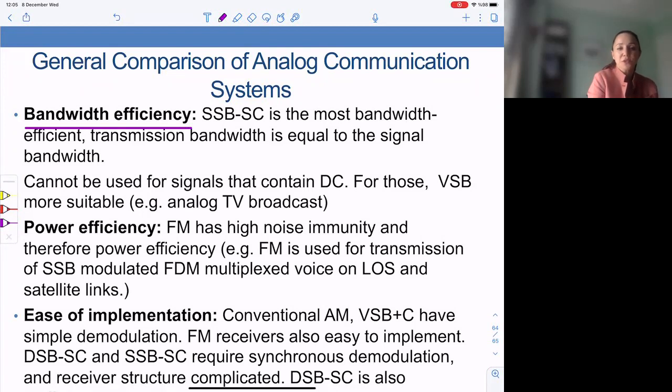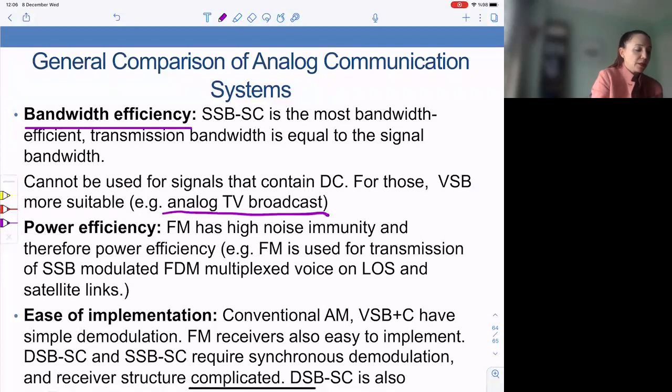It is equal to the signal bandwidth. Of course, it is not suitable for signals that contain a DC. For those types of signals, we make a compromise and use vestigial sideband. And this has been used very, very successfully for many decades with analog TV broadcasts.